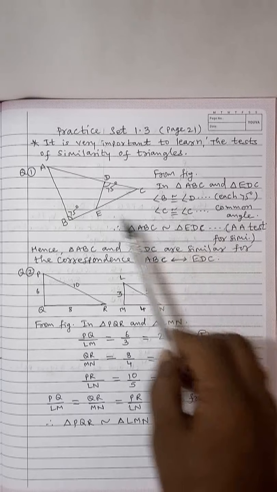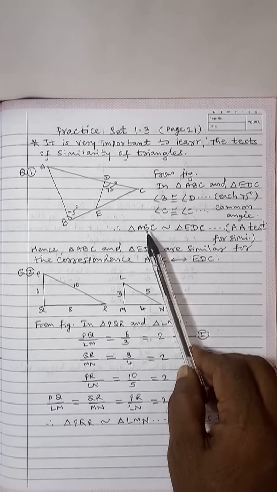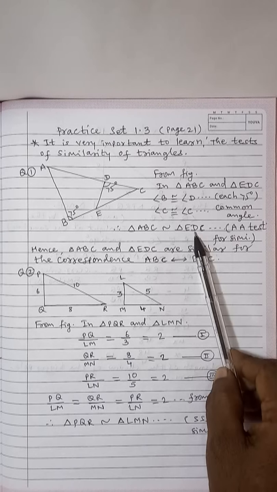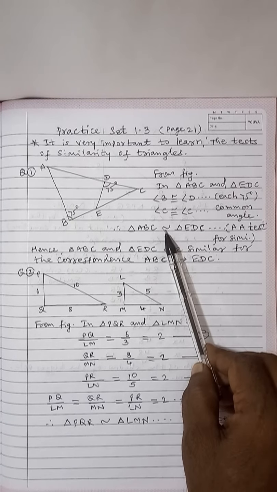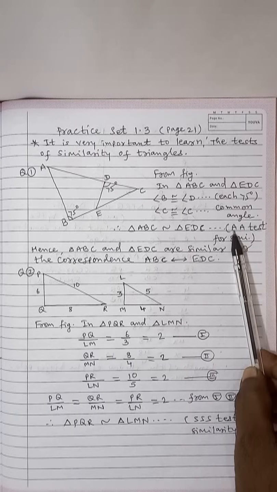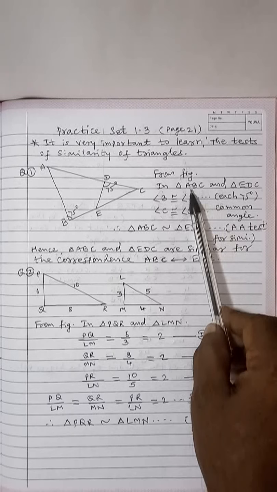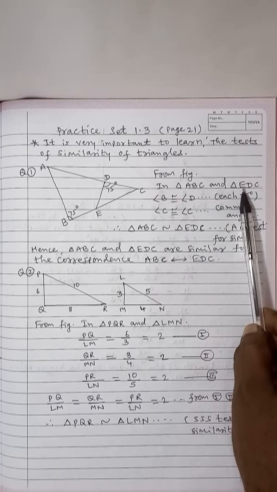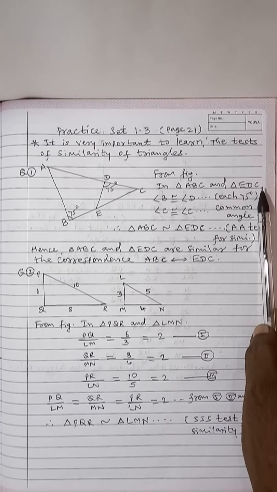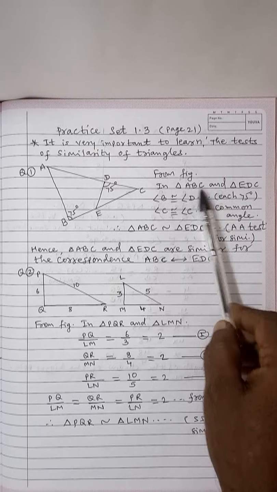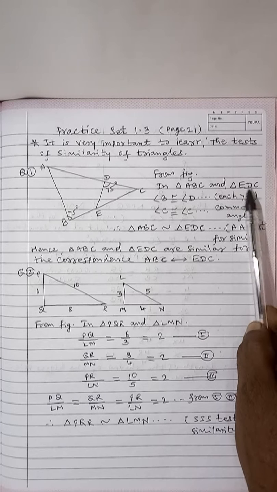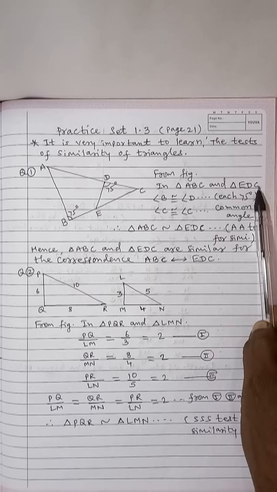So these two triangles, the big one, triangle ABC, and triangle EDC, are similar by which test? Angle test for similarity. For the given correspondence ABC corresponds to EDC, corresponding angles B and D are congruent, and C and C are congruent.